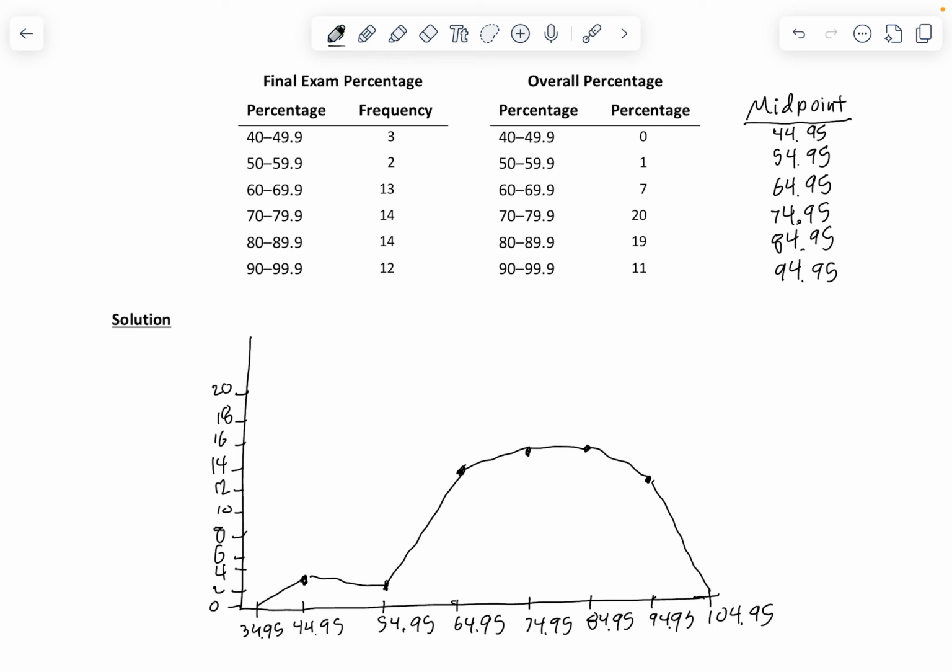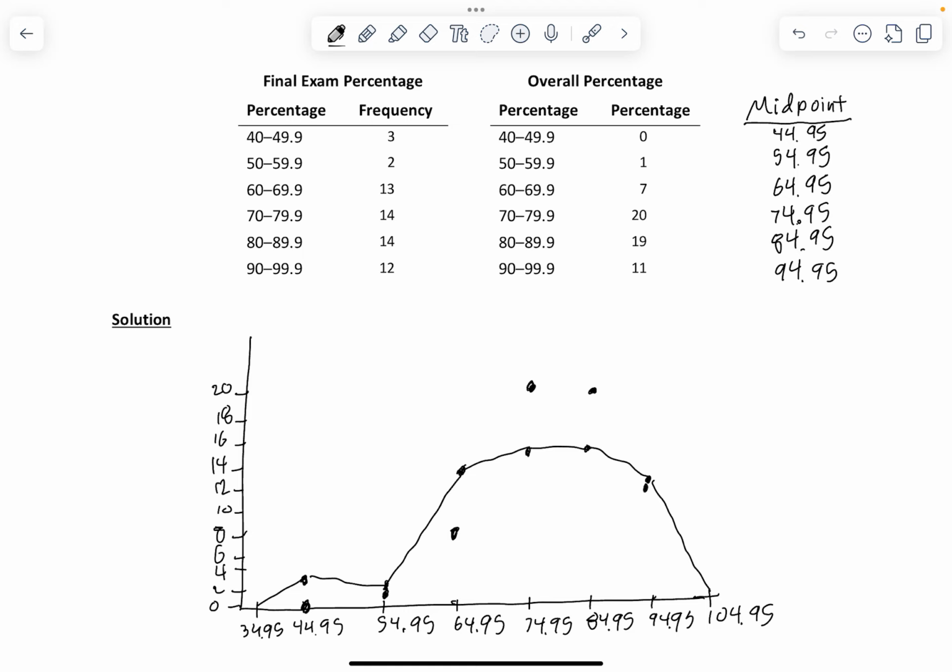The other one, the first one has a frequency of 0, actually. So that's going to be sitting right on the axis. And then we have a frequency of 1, and then 7, which is there, and then it jumps all the way up to 20, and then 19, and then we have 11, just below this one.